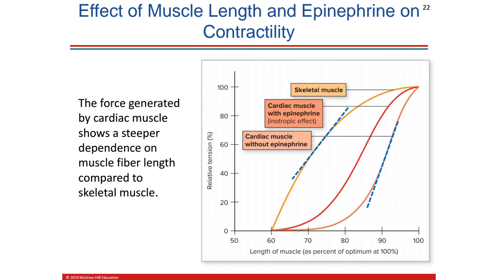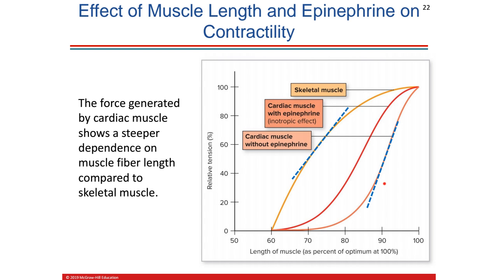This dependence is very important for cardiac muscle. Say we have a certain length of muscle, because remember, we can correlate end diastolic volume with the length of the muscle. So let's say we have a certain amount of stretch because we have a certain end diastolic volume. Now, for whatever reason, there's an increase in end diastolic volume because there's more blood returning to the ventricle.